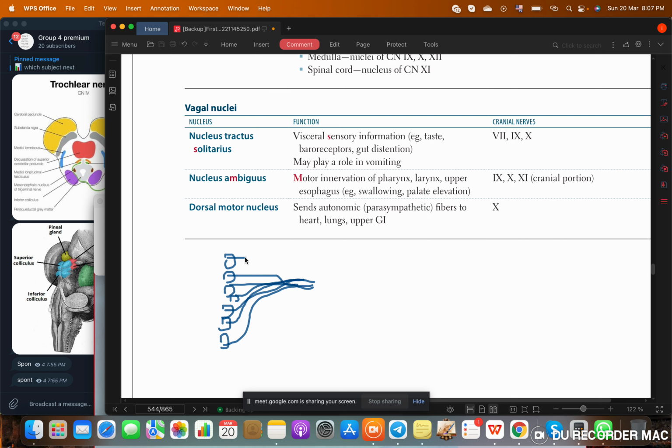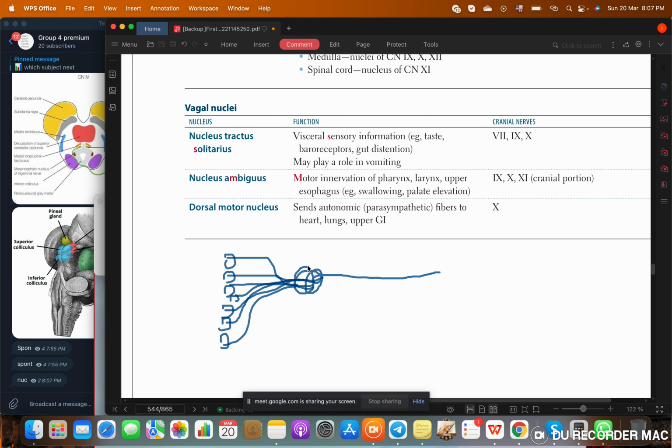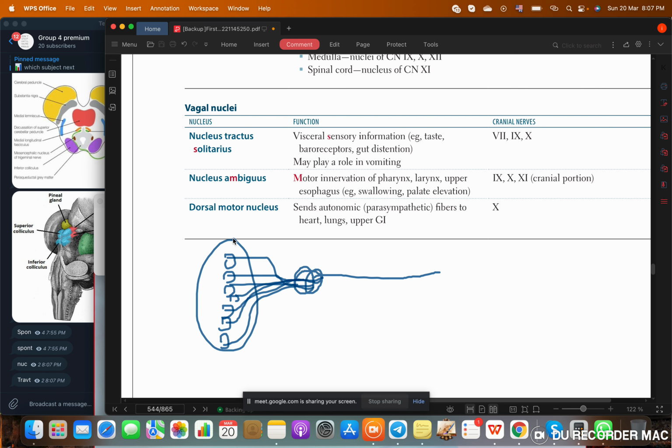What is this? No, this is a nucleus. But this here, the collection of the axons, this is a tract, right? This is a tract. This is a nucleus.